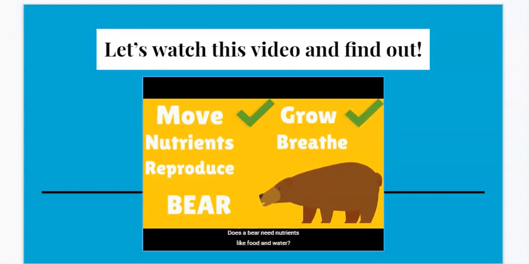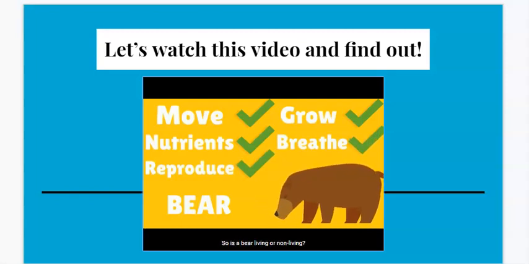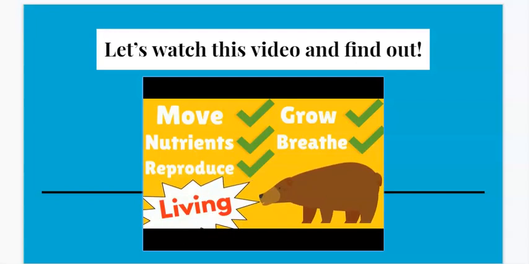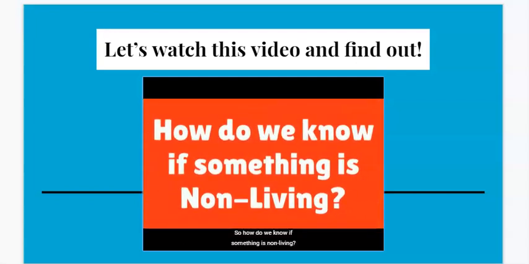Yes. Does a bear need nutrients like food and water? Yes. Does a bear breathe? Yes. Does a bear reproduce? Yes. So is a bear living or non-living? That's right, it's living.